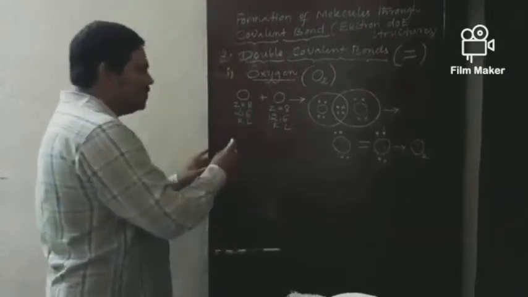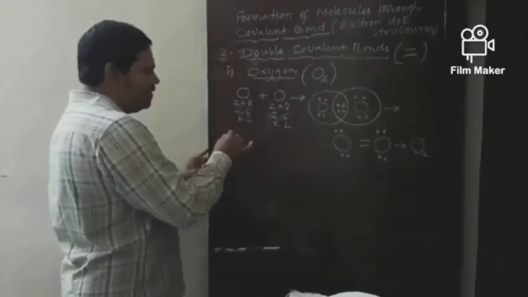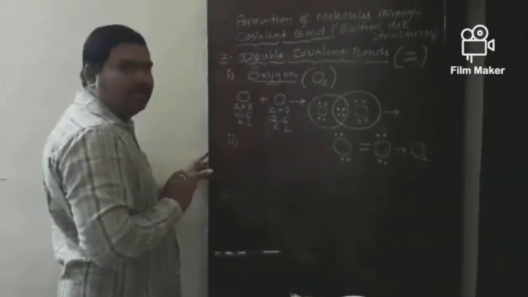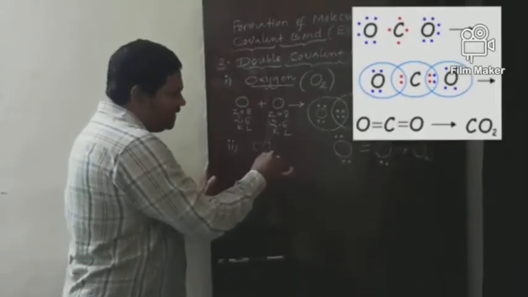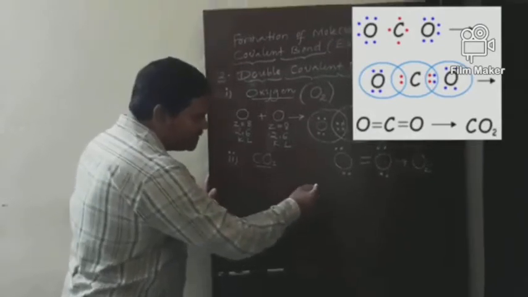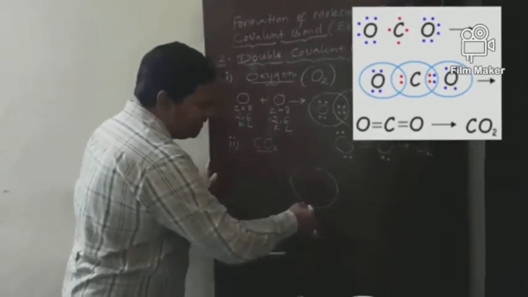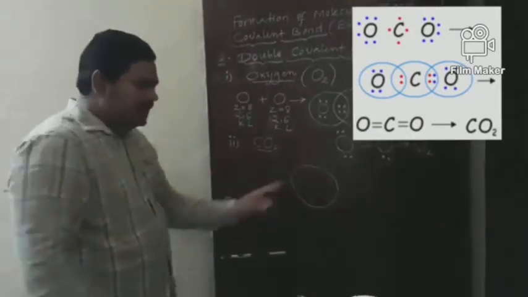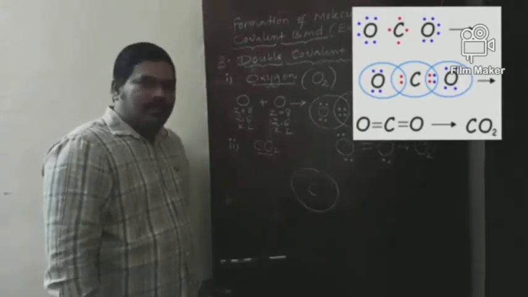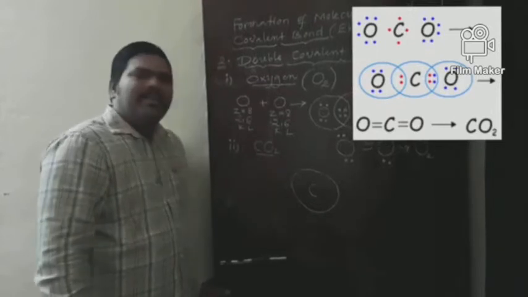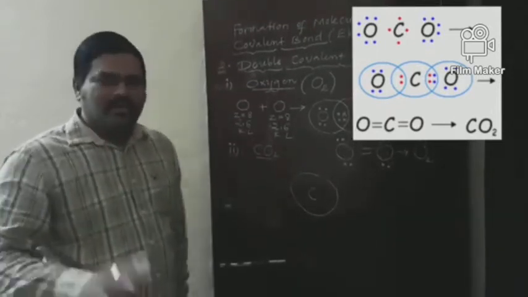Now, let us move on to the second molecule, which is very important, called carbon dioxide. In carbon dioxide, the central atom is carbon. This circle is meant for carbon. You know about carbon? The atomic number of carbon is 6. Valence electrons are 4.